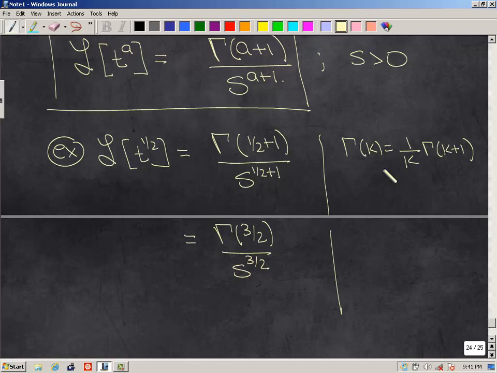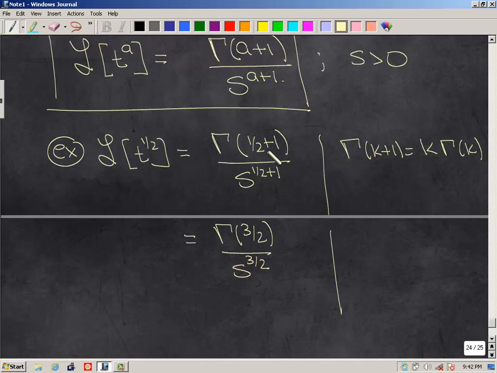Actually, I'll flip this around so we can do this a little bit better. So what do we get? Gamma of k plus 1 is equal to k times gamma of k.